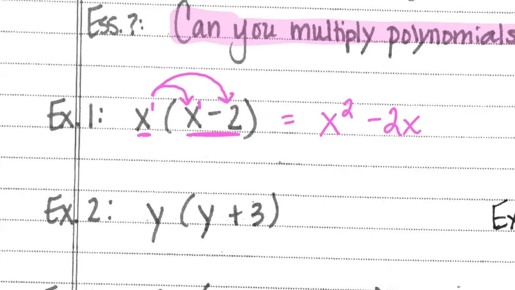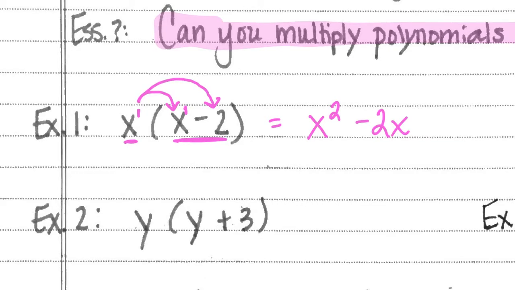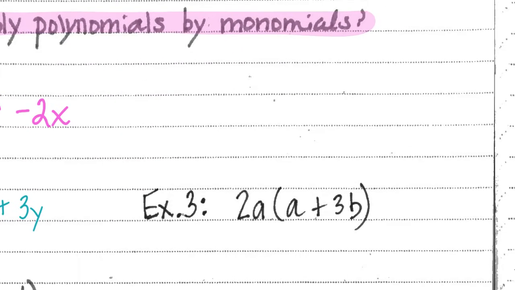Not so bad yet. Number 2 is the exact same thing except with a y. Y times y times positive 3. Y squared plus 3y.